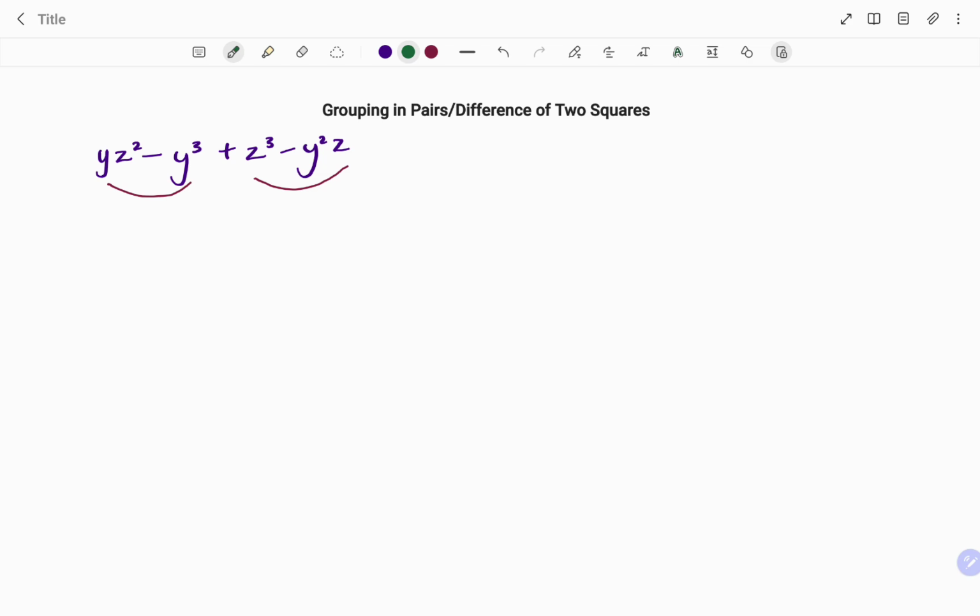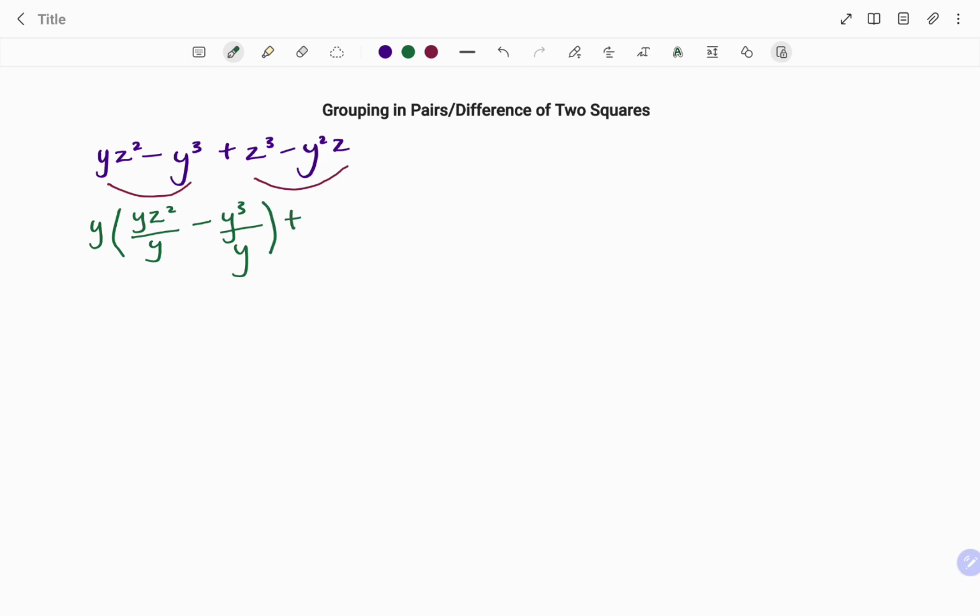If you check the first 2 terms, I have y common. So taking out the common factor y from the first 2 terms, I'm going to divide the 2 terms by y. So I have yz squared divided by y minus y cubed divided by y.